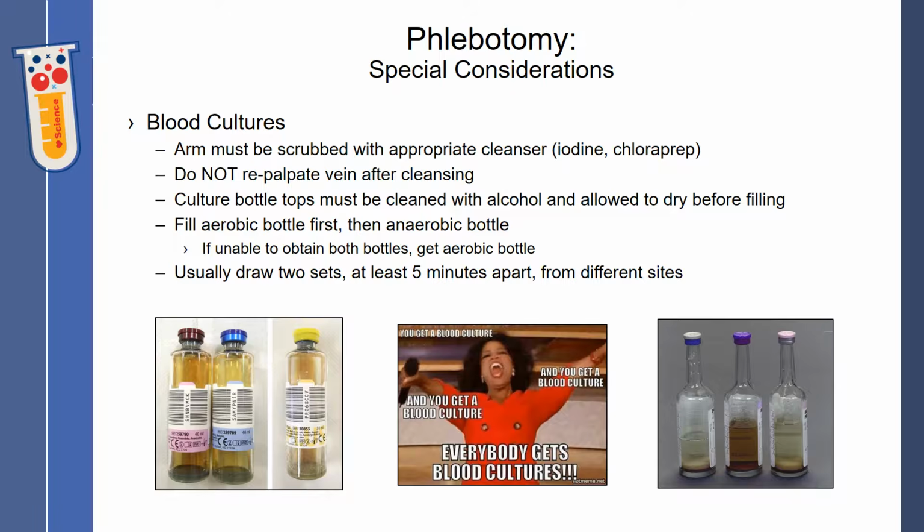And then the image on the right, these are actually glass bottles. I believe this company is moving to plastic bottles, which is obviously safer in case you drop it. You can see on the 2 bottles on the right, that's your anaerobic and your aerobic bottles. And then the one with the little gray lid on it is your pediatric bottle. You can see it has a little bit less volume in it. It requires less blood to go into it.